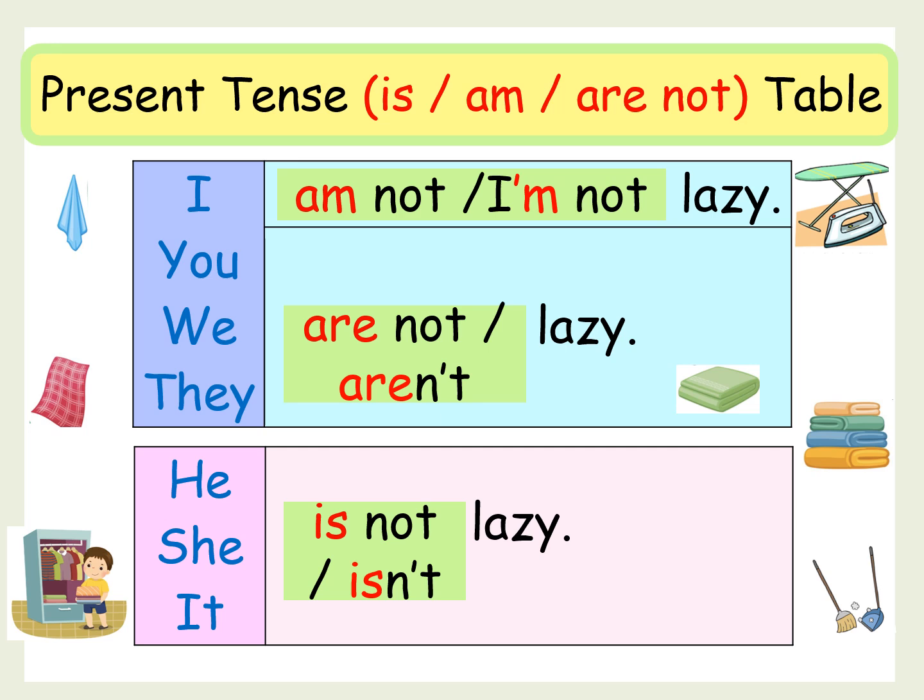You're not lazy. We aren't lazy. They are not lazy. They aren't lazy. He's not lazy. She isn't lazy. It is not lazy. It isn't lazy.